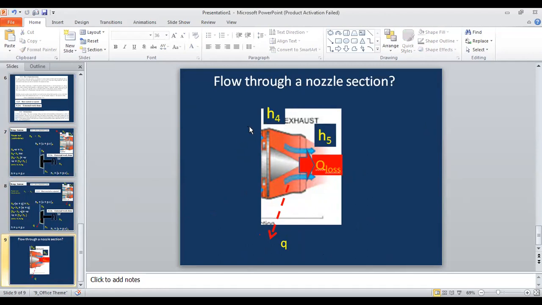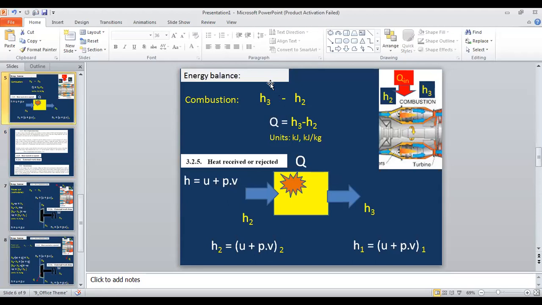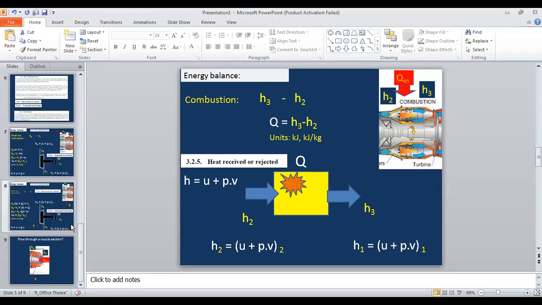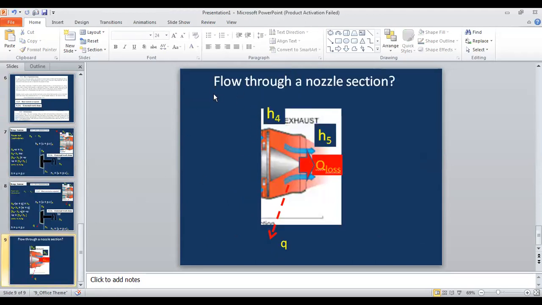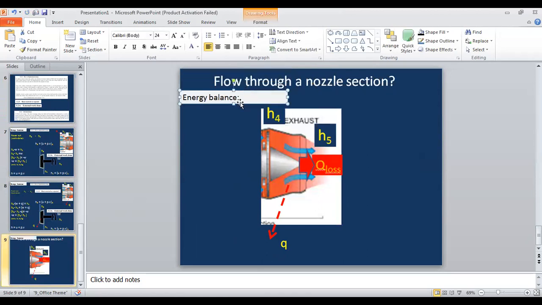And the point is, when it comes to energy balance, you must have a good understanding about energy types involved here.